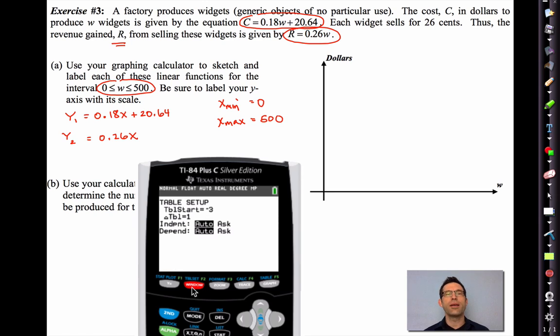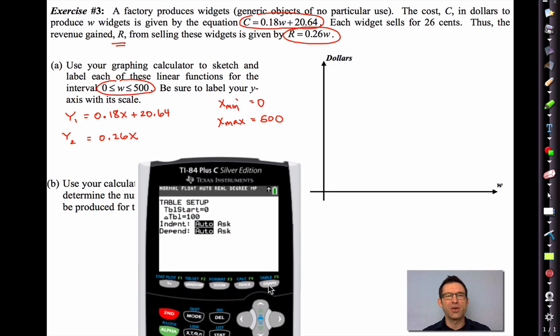Now what I'm going to do is set my table start at 0, and I'm going to make my table go by 100. The reason I'm going to do that is all I want the table to do is give me a sense for how big the y values are. So let's pop into our table now and check out our y values for these two functions every 100 widgets.